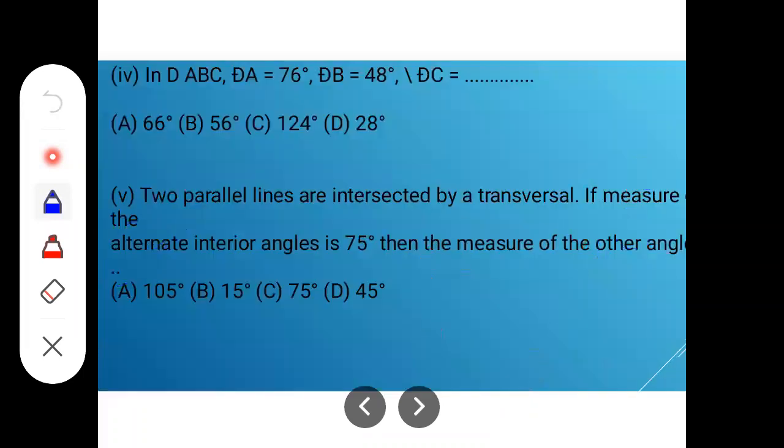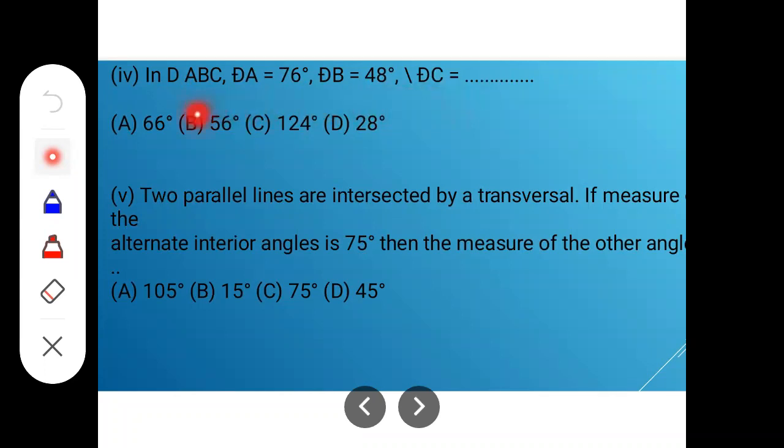Now see another one, the fourth example. In triangle ABC, angle A equal to 76 degrees, angle B equal to 48 degrees, and you have to find the measurement of angle C. Again, a very simple property.